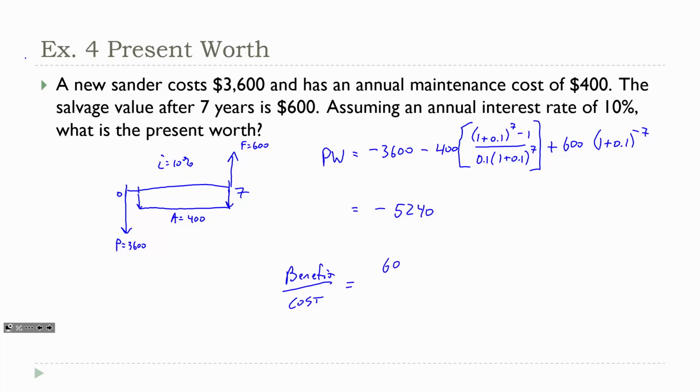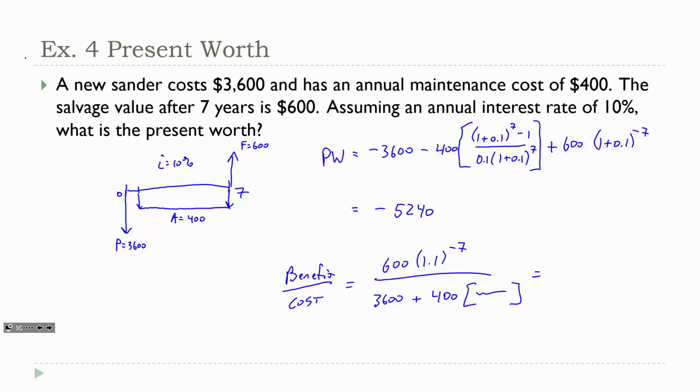On top, you would have the 600 times 1.1 to the negative 7, whatever that gives you. And then on the bottom, we don't care about the sign. Benefit cost ratio can't be negative. So it would be 3,600 plus 400 times whatever the value is in the brackets.